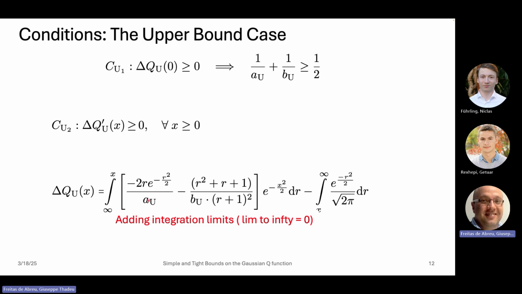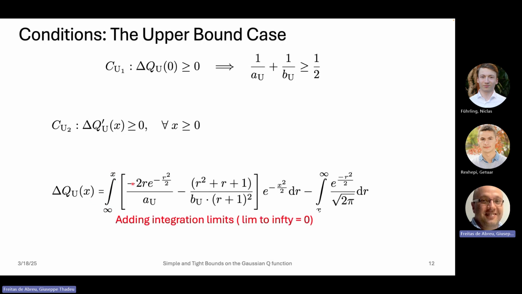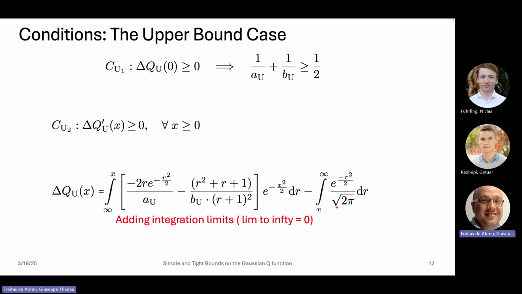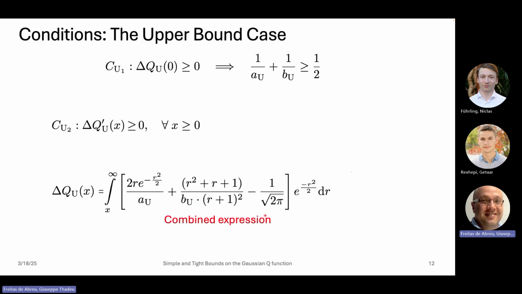But now, all I have to do is, if I flip the order of integration, instead of minus infinity to zero, I integrate from x to infinity, then we have to negate the terms, right? So these negatives here become positive. And then I incorporate, as mentioned before, the term coming from the Q function itself into the same integral, obtaining now this combined expression.